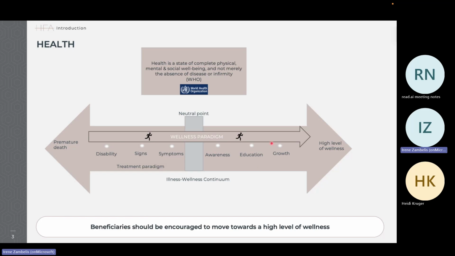One then gets education and information about your potential health risks, and you're able to change your behaviors so that you can achieve a high level of wellness. So not only is this of benefit to us as individuals, but to the scheme, because this is where the scheme incurs the least cost. And this is why we say schemes should focus benefits on primary health care and preventive care.